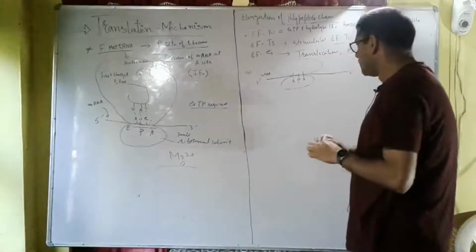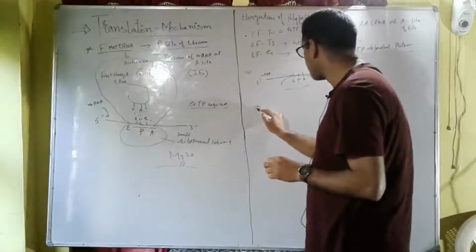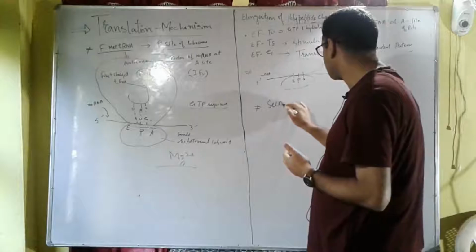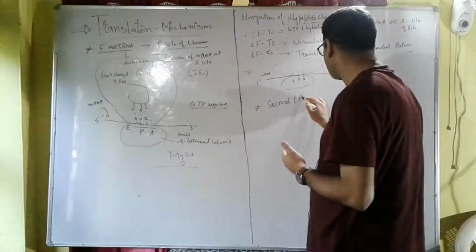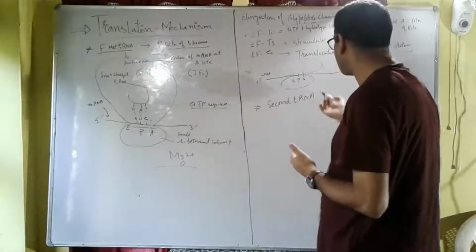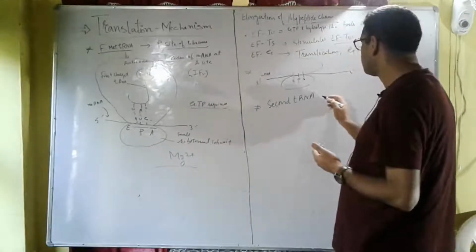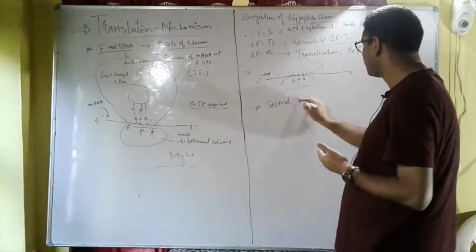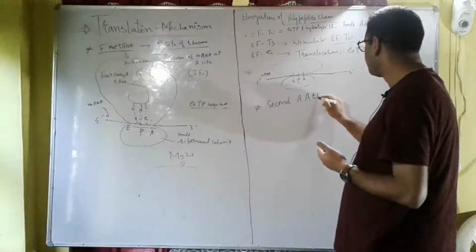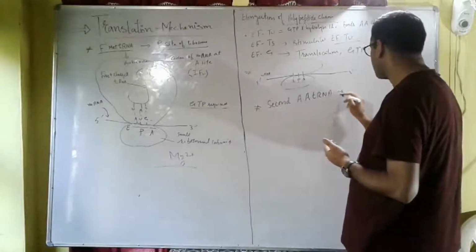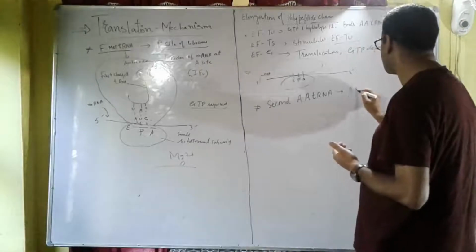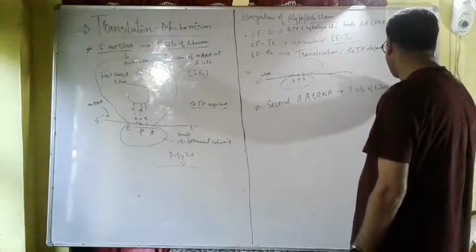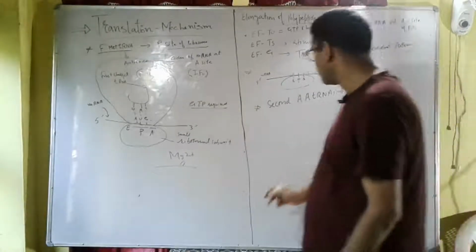So the second charged tRNA, the second amino acid tRNA, will arrive at the A site of the ribosome.